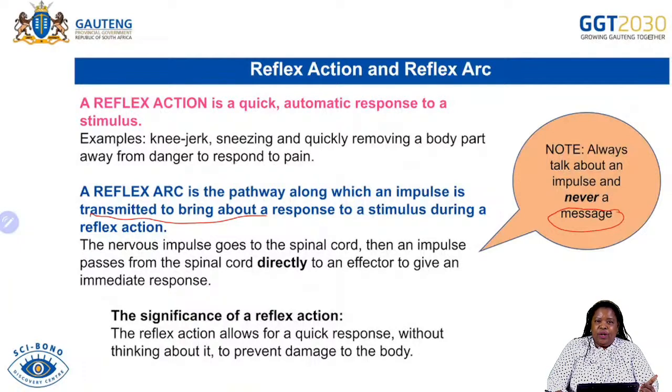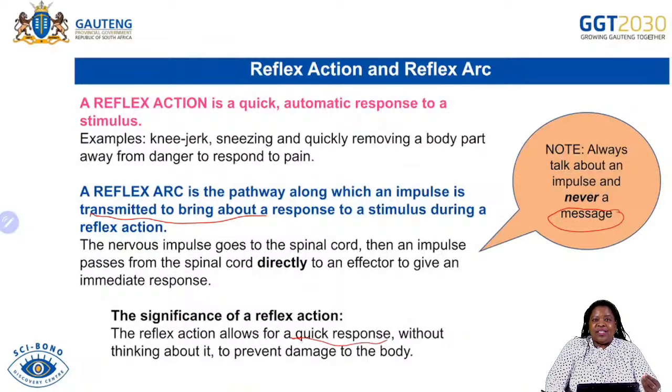Now, we spoke about the reflex action. We've spoken about reflex arc. Reflex arc is a pathway, but the significance of the reflex action, grade 12 learners, is that the reflex action allows for a what? A quick response. Because if it was not for the reflex action, we were going to hurt the whole body.